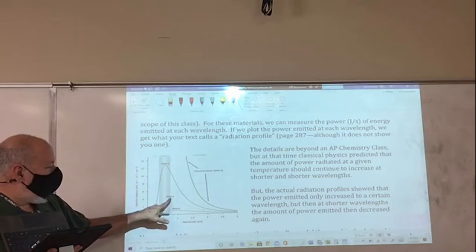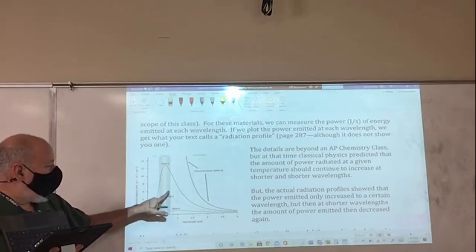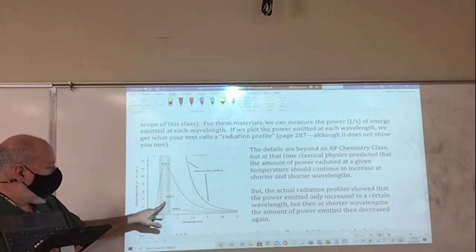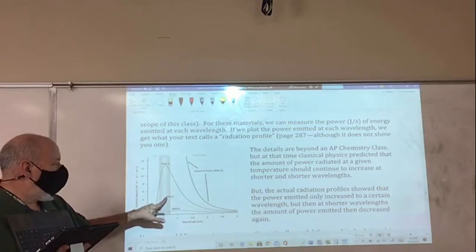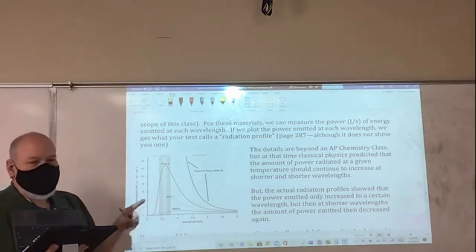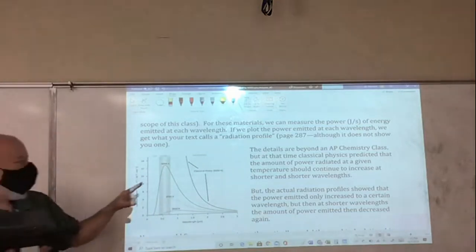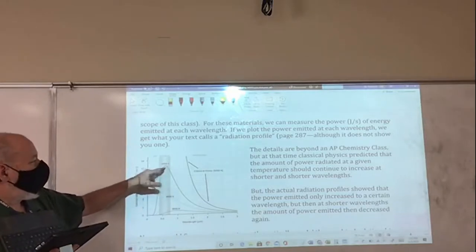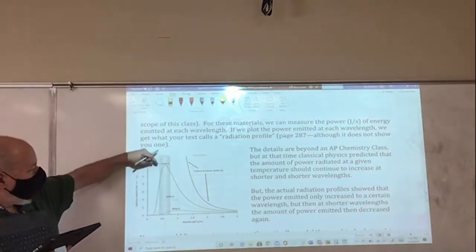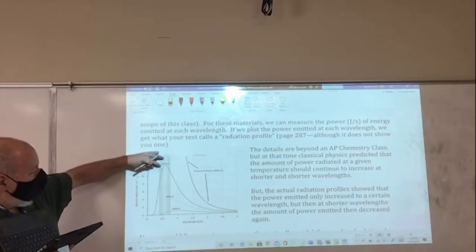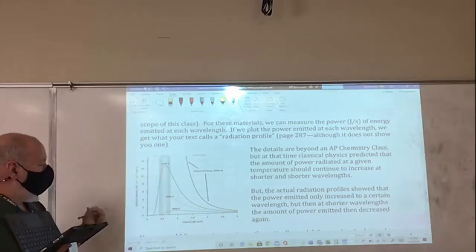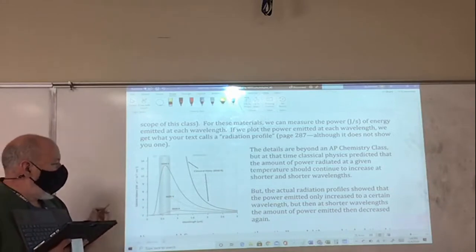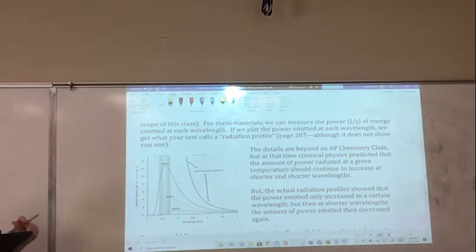If I heat it up to 4,000 degrees Kelvin, I'll still have a lot of red, but I'll also have some orange and yellow and green and blue mixed in. So I'll be heating this up to more of a white hot temperature. If I heat this up to 5,000 degrees Kelvin, I will start to see a lot more of this bluish color. So I'll have a bluish tint to this, and I'll even get some into the ultraviolet range here.